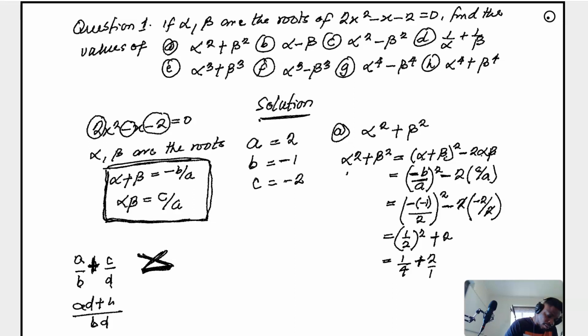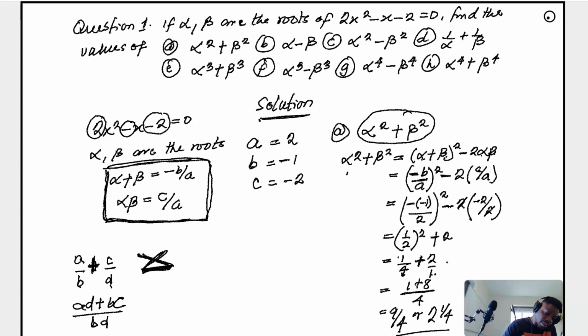B times C is BC. So for this one here, 4 times 1, 4. 1 times 1, 1. 4 times 2, 8. So this becomes 9 over 4, or 2 and 1 over 4. So alpha squared plus beta squared is equal to 9 over 4, or 2 and 1 over 4.